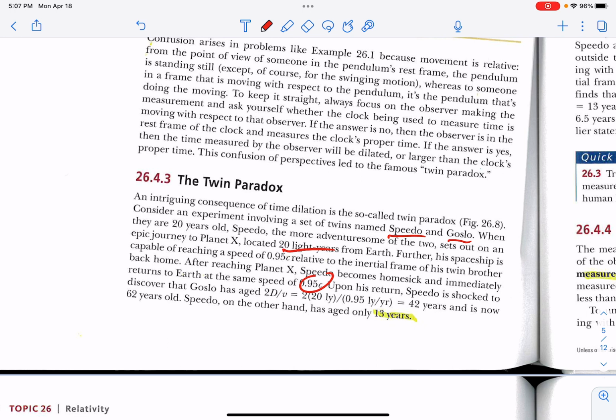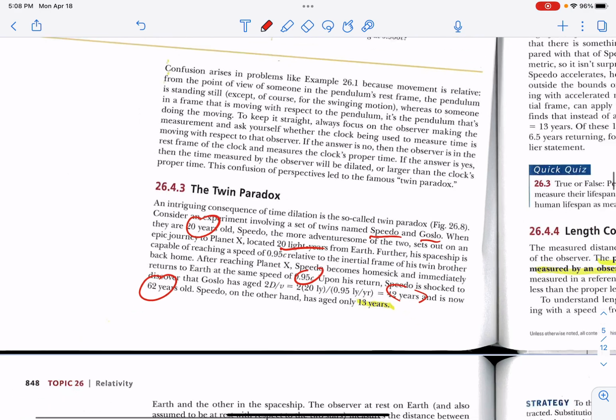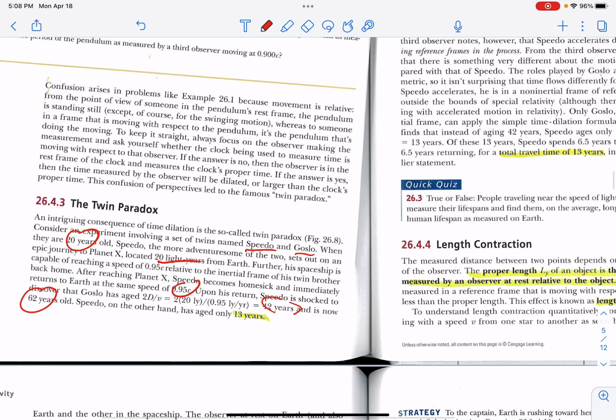When Speedo comes back, he will find out that Go Slow has aged by 42 years and is now 62 years old, even though Speedo has only been gone for about 20 years. They both started off at 20, but somehow Go Slow is much, much older.